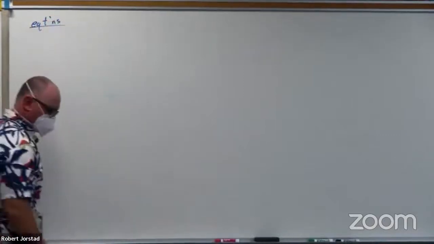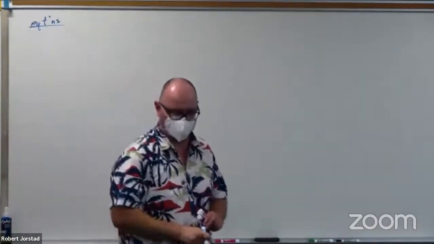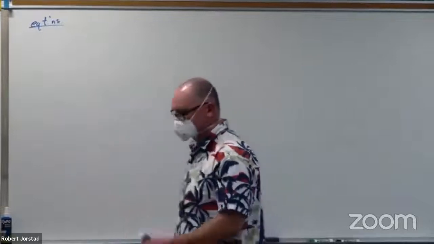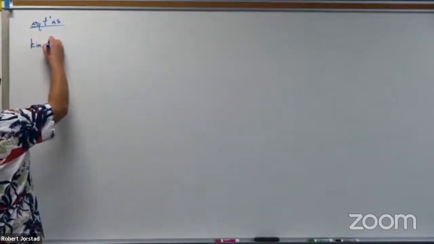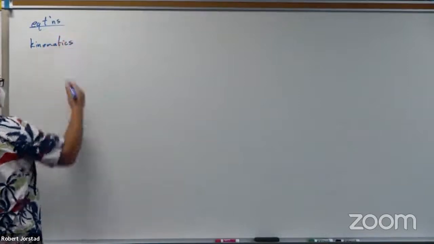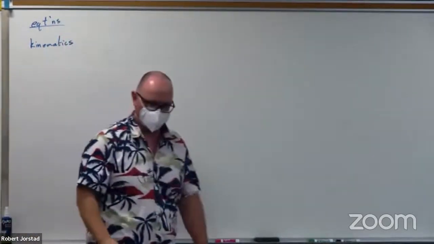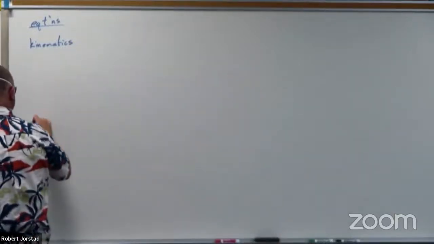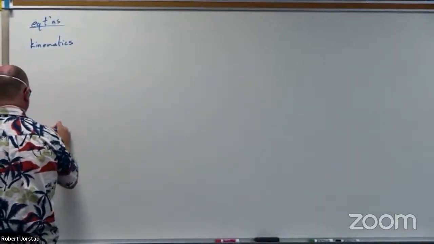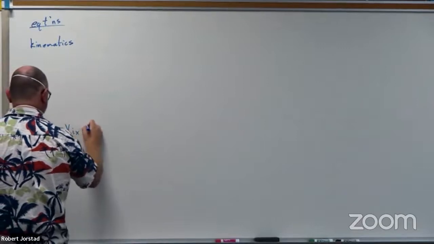Give me one, any equation, and you can read the back of your workbook if you want. Kinematics equation? Somebody said kinematics, I like that. Give me a kinematics equation. Would it be V final x equals V initial x plus a_x times t? I like that one.